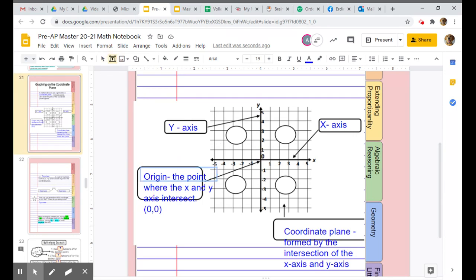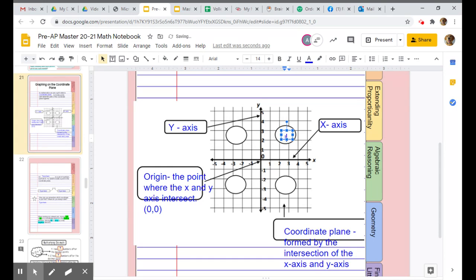Now, if you notice, our graph with those two lines is split into 4 pieces. These 4 pieces have special names. They are called quadrants. This first quadrant right here in the upper right-hand corner is called quadrant 1, and we're going to label these with Roman numerals.